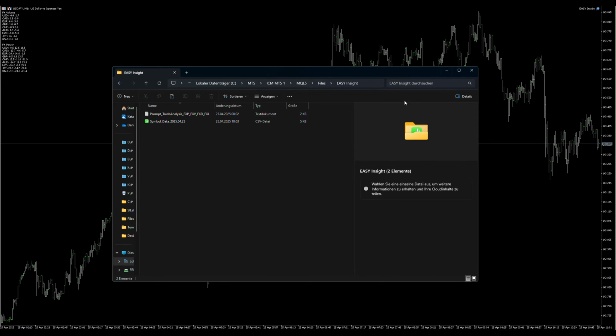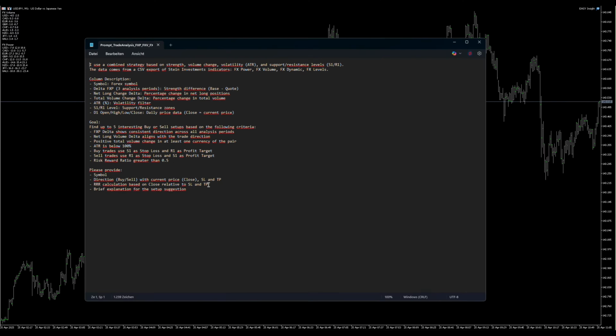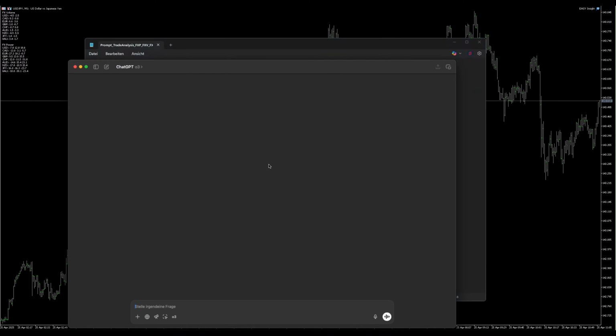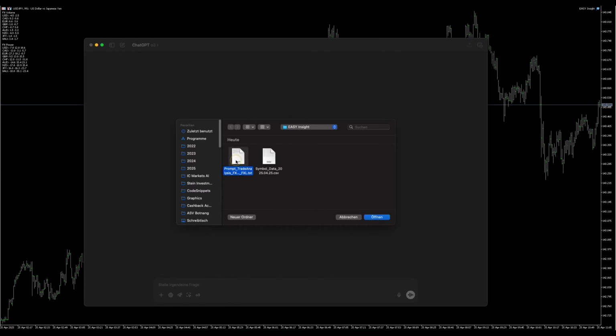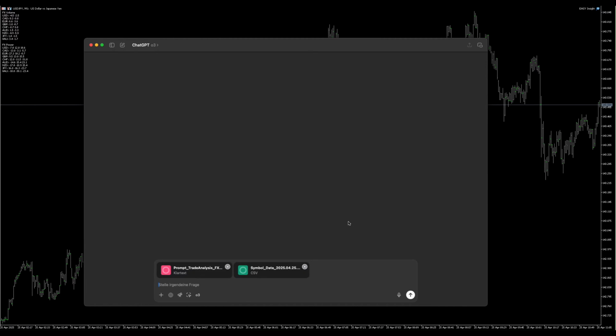And I'll say we'll give it a go and send these 2 files now to our preferred AI assistant. In my case, I'm working mainly with ChatGPT, and the beauty of having this as an external solution in the ChatGPT app is that you have a complete chat history where you can work and improve along with ChatGPT to get a better outcome of these analyses.